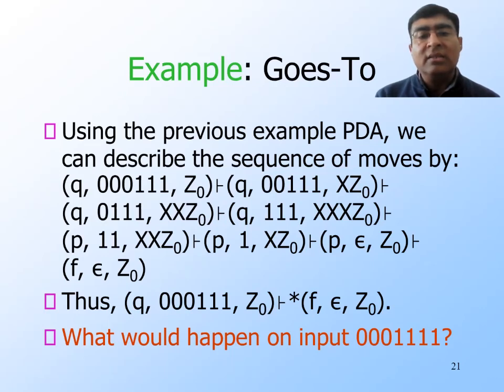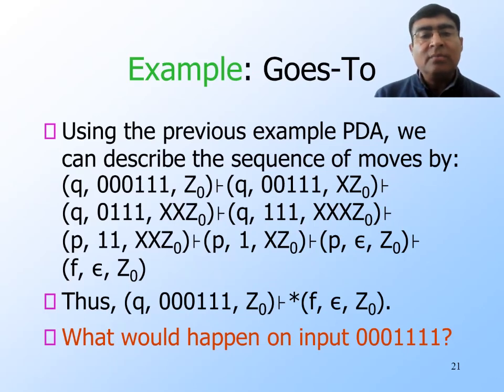This is the turnstile symbol, or we can say move to state Q, and 0 will be removed from the input string, and instead of 0, I will push the X in the stack at the third argument.